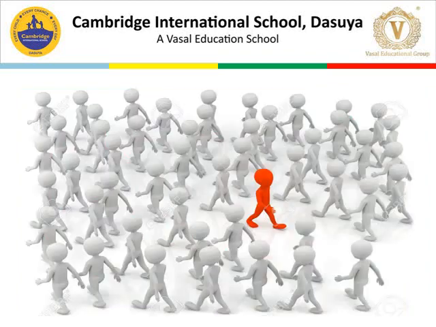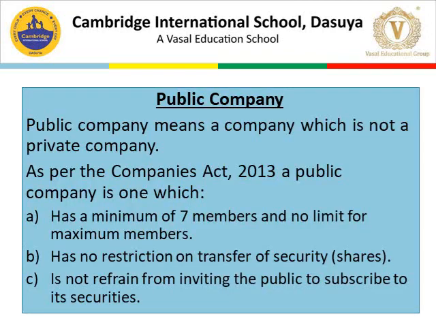Now, the public limited company, in which the involvement of the public is there. So the next topic is public limited company. Here's the meaning of a public company. A public company means a company which is not a private company.